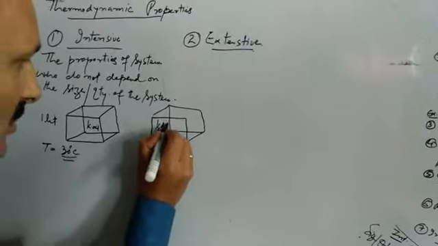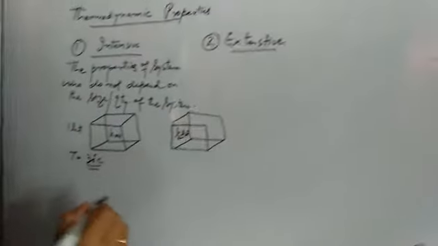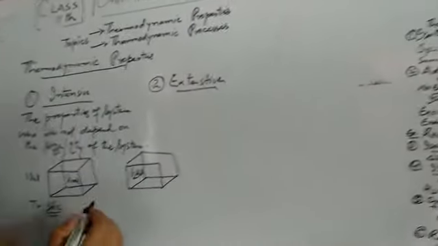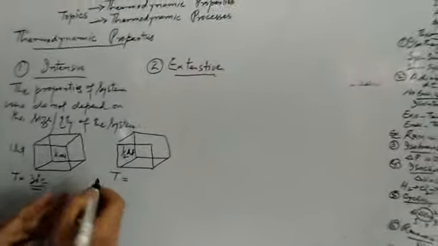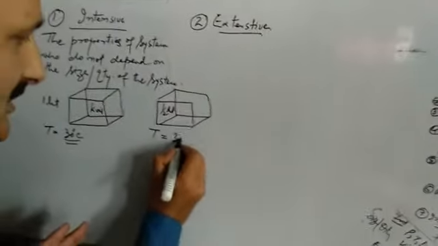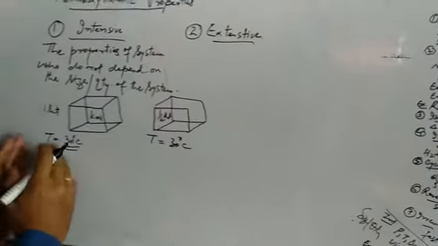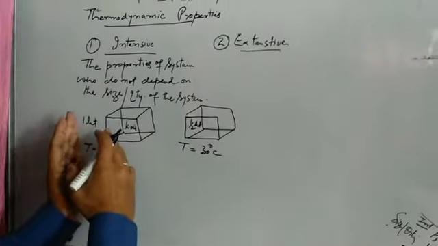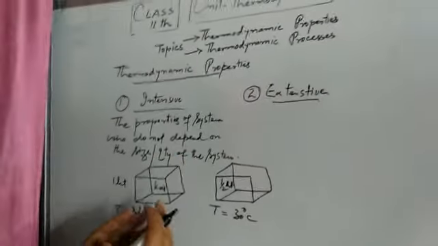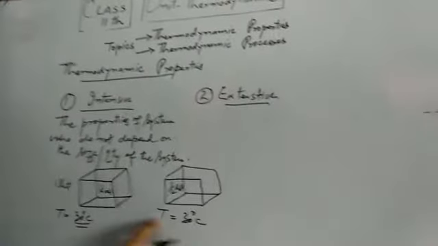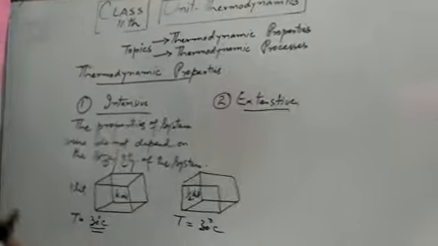That is 1/2 of this. Now, what will happen to its temperature? Will temperature become 1/2? No, the temperature will still remain 30 degrees C. So what has happened to the temperature when I decrease the size, decrease the quantity of this system? No change in temperature. So temperature is an intensive property of a system.